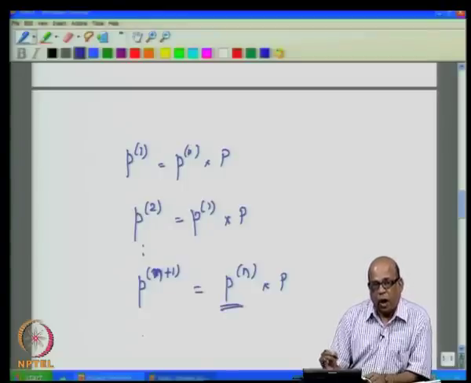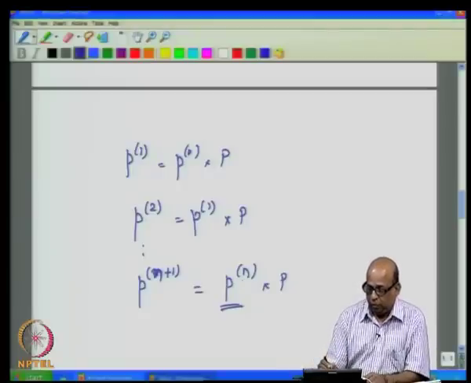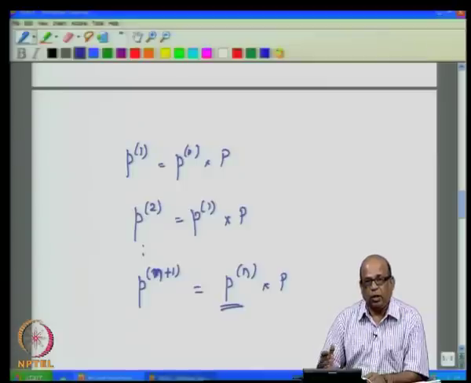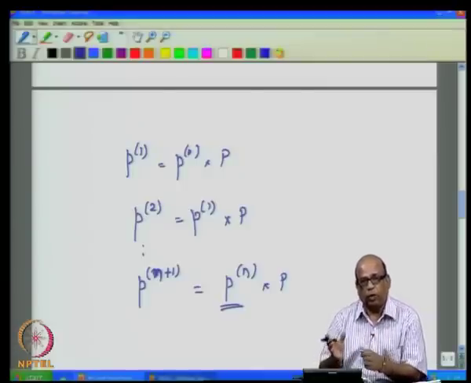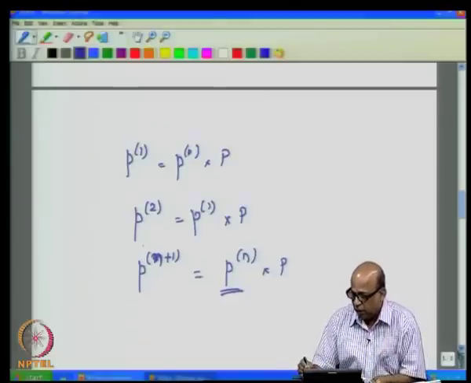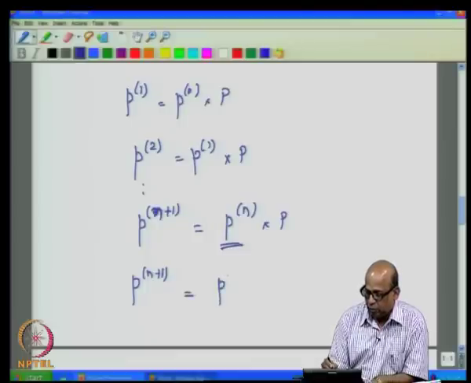Now, as the time progresses, the P n will not be much different from P n plus 1, or P n and P n plus 1 will converge, because they are not dependent on the initial state. When that happens, we can write P n plus 1 is equal to P n itself, and therefore, I will write this as P n into P, and both these are equal.